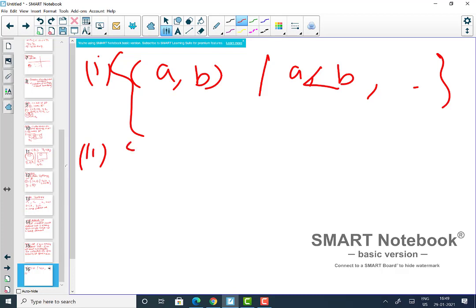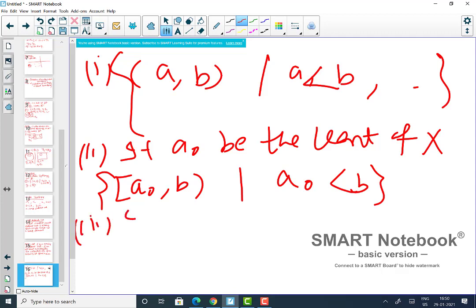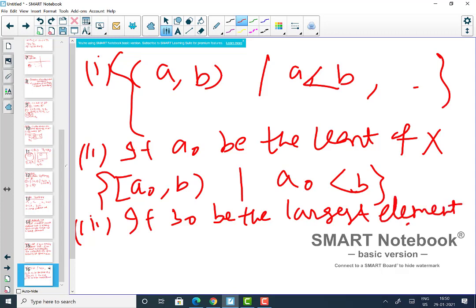If a naught is the least element of X, then we also take this collection, all the sets [a naught, b), closed at a naught and open at b. Similarly, if b naught is the largest element of X, then we also choose the sets (a, b naught], open at a and closed at b naught.